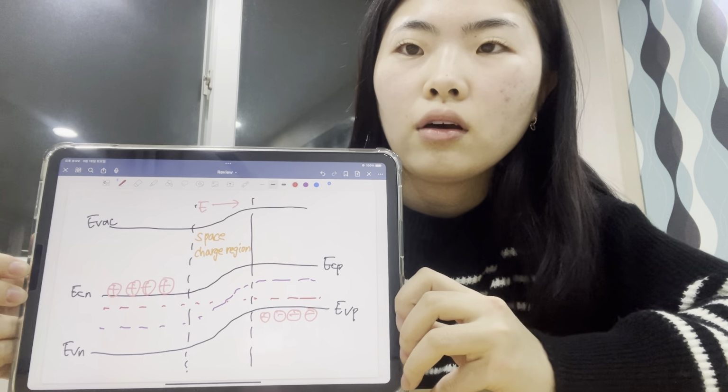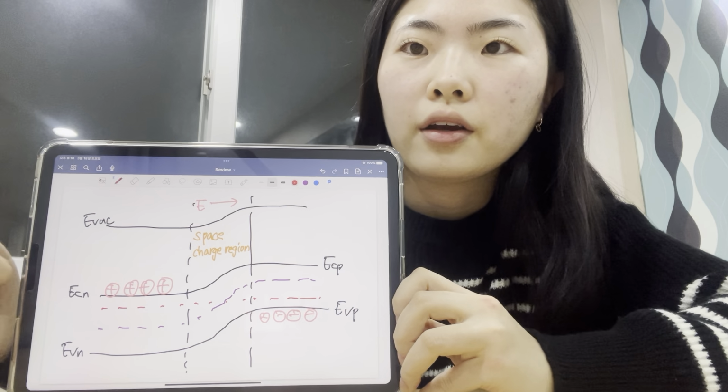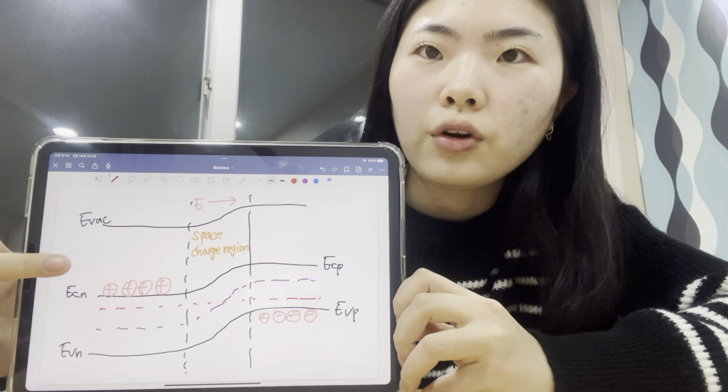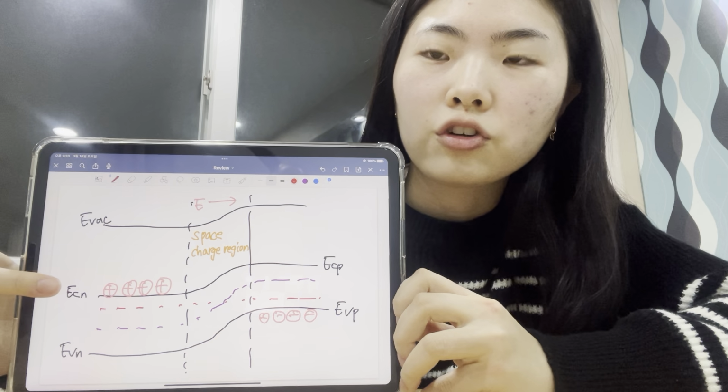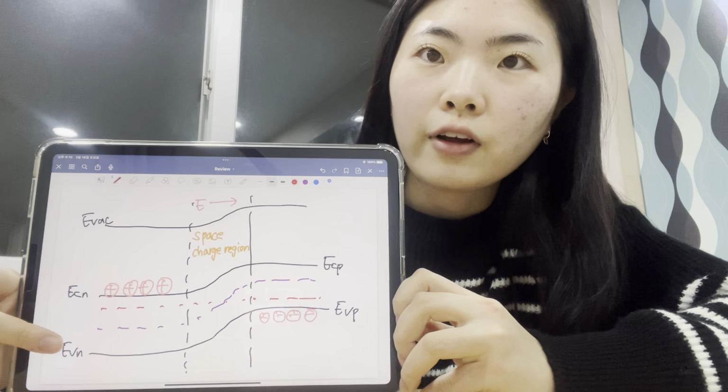And then let's talk about the energy band diagram. I just drew the vacuum energy level, conduction band level and valence band level.